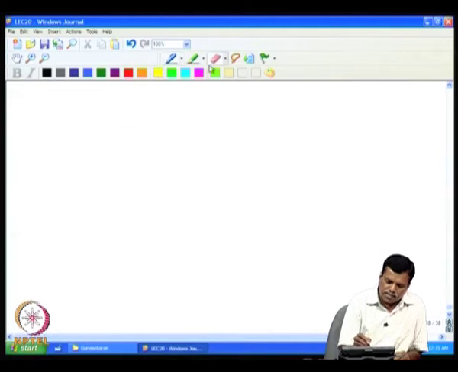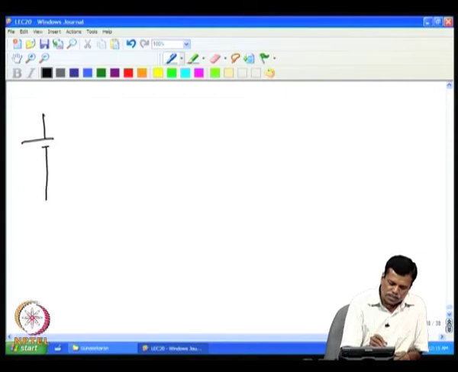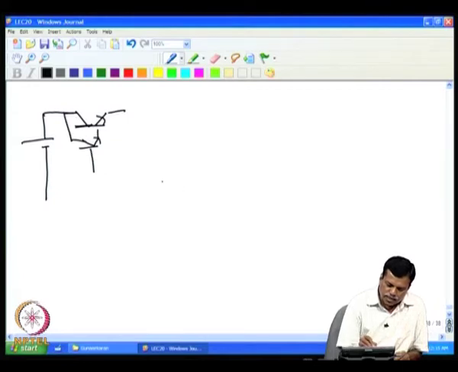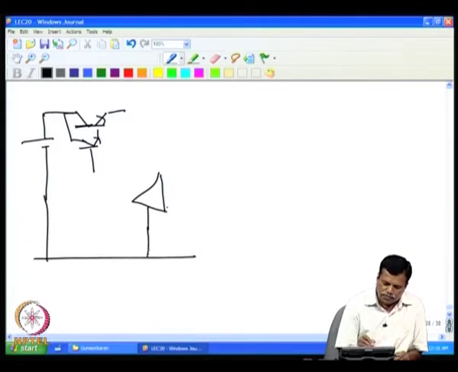I will not spend much time on this, I will just show you how this regulator is made. You take this voltage, then we will have a regulator in here, and then we have used an error amplifier for this purpose. An operational amplifier was used as an error amplifier, and we also used one zener to start up the current.